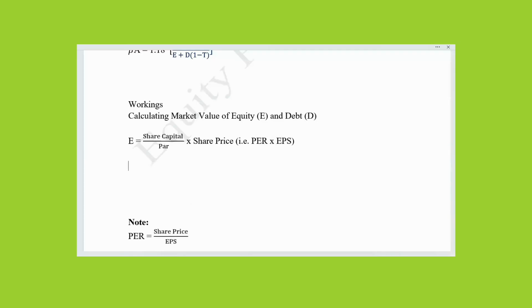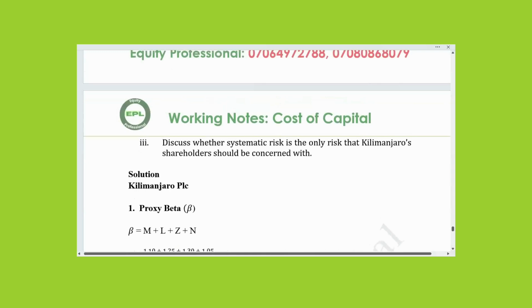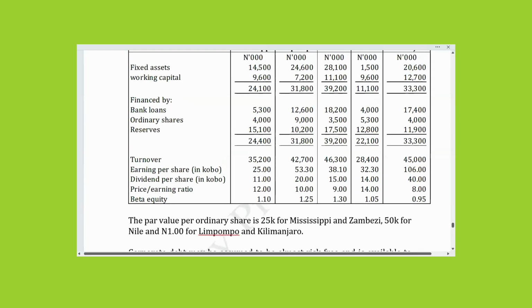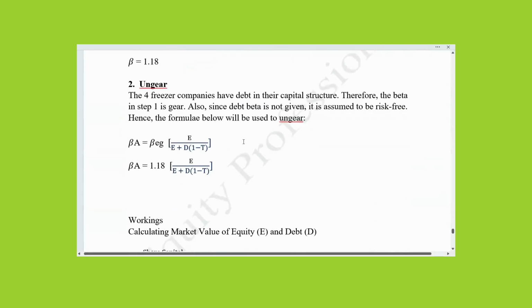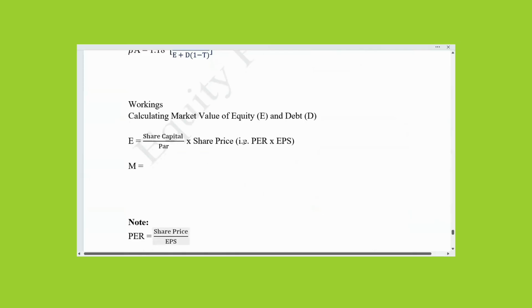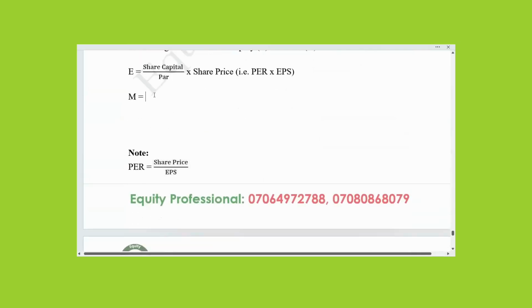The first proxy company is Mississippi. Mississippi is denoted as M. Then what is the share capital of Mississippi? Give it to me. 4,000 naira, divided by what is the par value of Mississippi? 25 kobo.